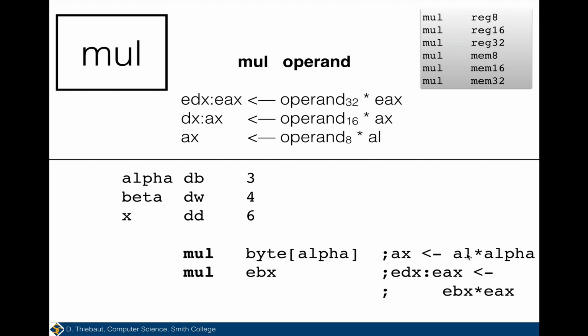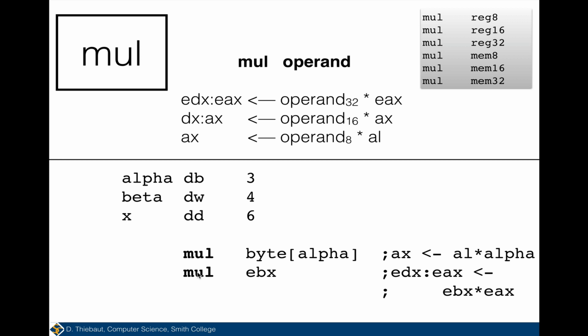So I better put something in AL first. I haven't shown it here. AL will be multiplied by alpha, which is 3, and that's going to be put in AX. So now AX will contain 3 times whatever is in AL that I have put there beforehand. All right?